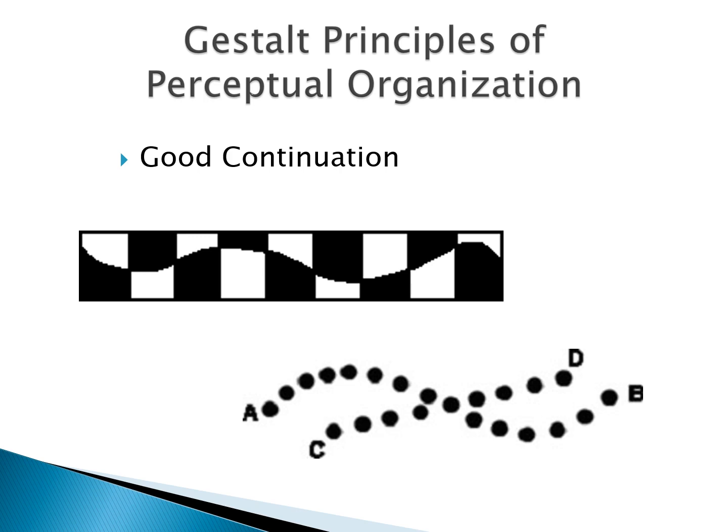If you look at the bottom image and I ask you which ones are connected between A, B, C, and D, my students tell me A and B are connected, C and D are connected. These nice, smooth, flowing lines. And if I told you that instead it's actually A goes to C and D goes to B, can you even make yourself see that?